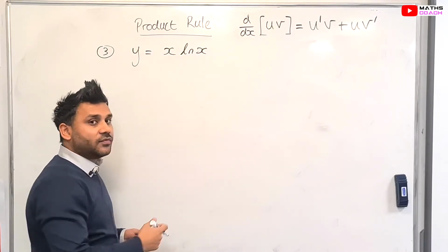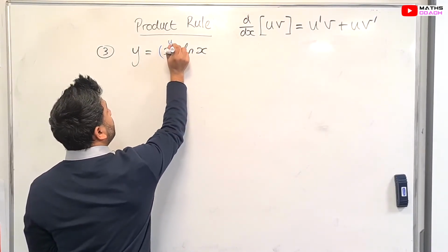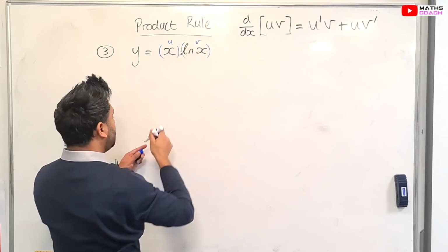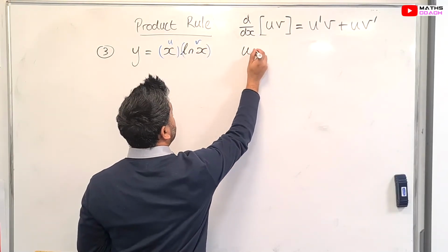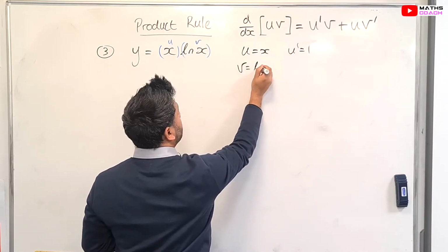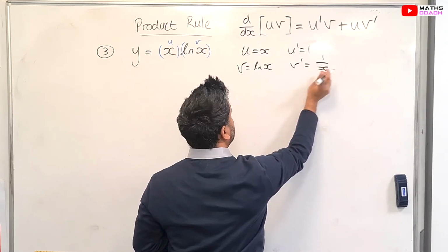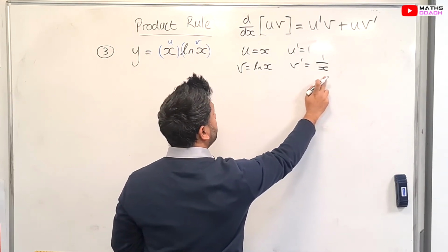Okay, so the third type of question is the product of x and ln x. Again, I'm going to look at different variations of that same question. So this is our u, this is our v. So u equals x, so u dash equals 1, v equals ln x, v dash equals 1 over x. So ln x differentiates into 1 over x.